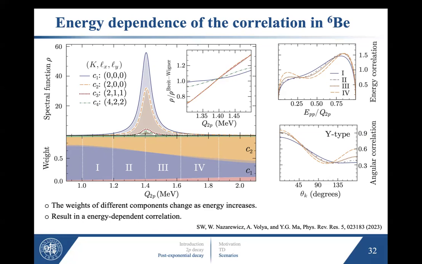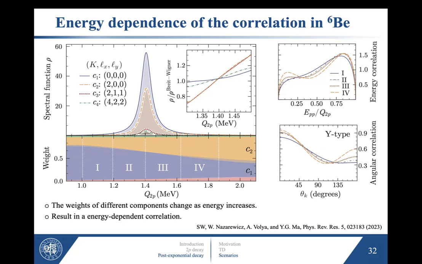These are different configurations in Jacobi coordinates, and they also have different line shapes compared to the Breit-Wigner type. This means that when we plot the survival functions as a function of decay energy, the relative weights of the different configurations will change as the decay energy increases.